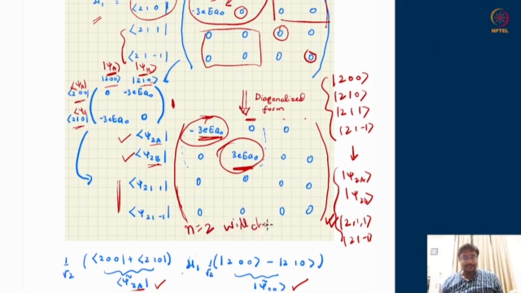Previously, we had learned that for n equal to 1, it did not change. But for n equal to 2, it will change for 2 of them, and for 2 of them, it will not change. Out of these 4, 2 of them will change and 2 of them will not. For one of them, it will go up by an amount 3e a0, and for one of them, it will go down by minus 3e a0.